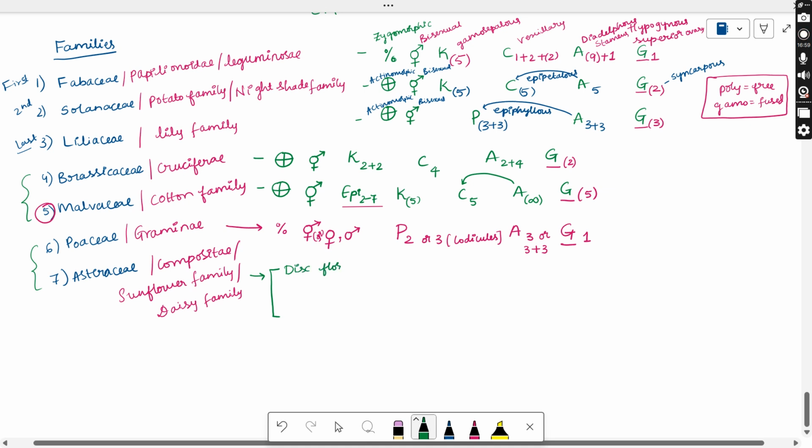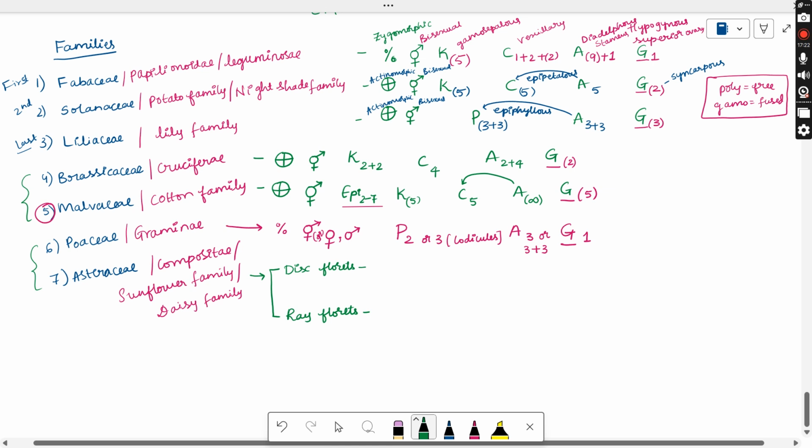The small flowers are present. If you observe the sunflower, the center dark colored part is actually, each one is a single flower. We call it disc florets. And the ones arranged around this disc are called the ray florets. So we have separate formulas for these two, disc florets and ray florets.